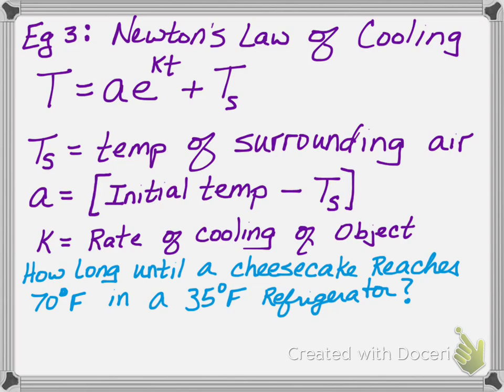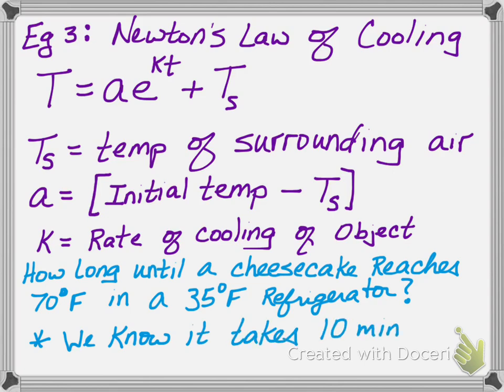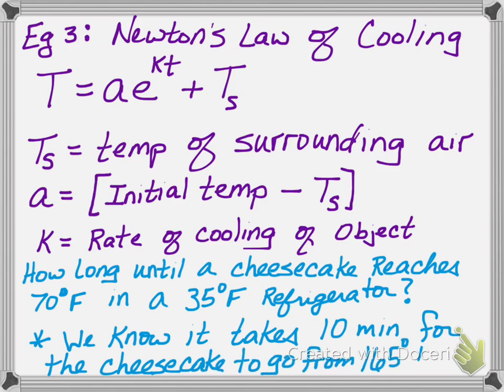So 35 degrees Fahrenheit is the temperature of the surrounding air because we are in a refrigerator. We also know that it takes 10 minutes for the cheesecake to go from 165 degrees to 150 degrees. So that's going to help us find the value of k, the rate of cooling of cheesecake.